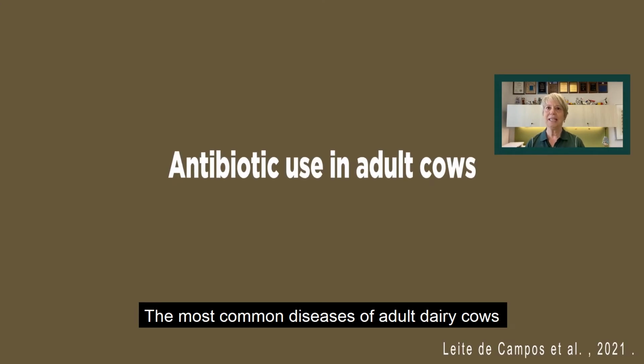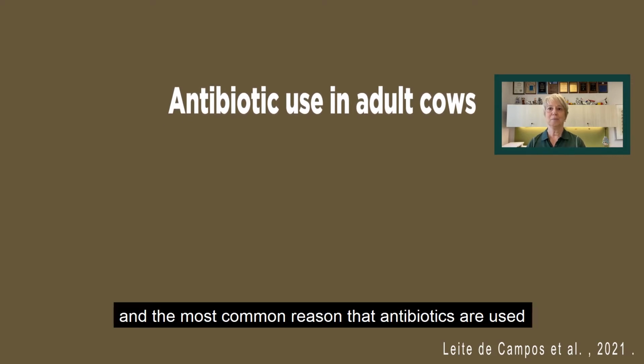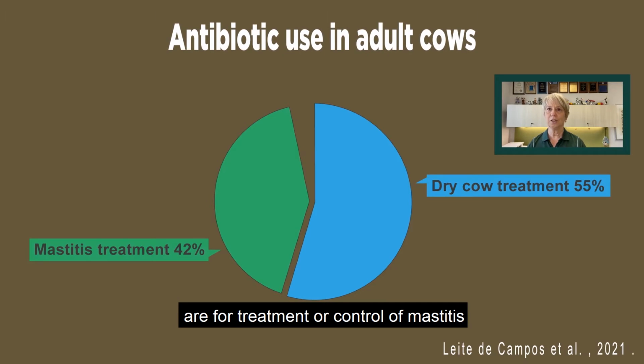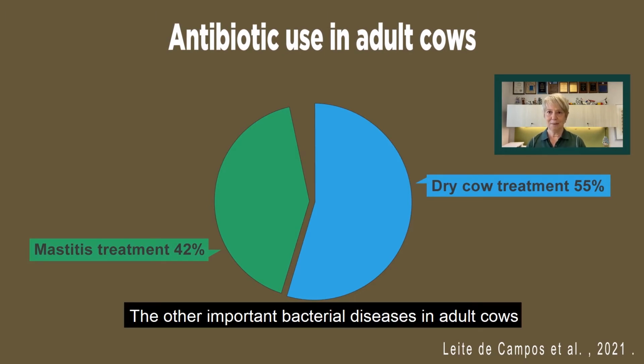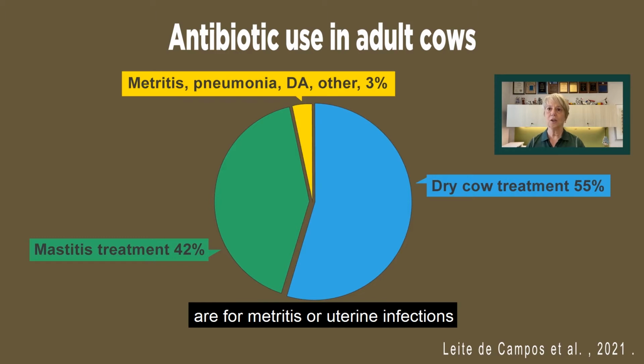Now, the most common diseases of adult dairy cows and the most common reason that antibiotics are used are for treatment or control of mastitis. The other important bacterial diseases in adult cows where antibiotics are often indicated are for metritis or uterine infections, pneumonia or respiratory infections, and a few forms of infectious disorders.